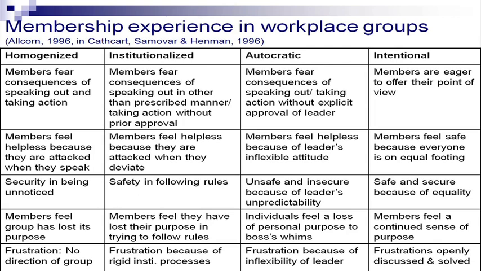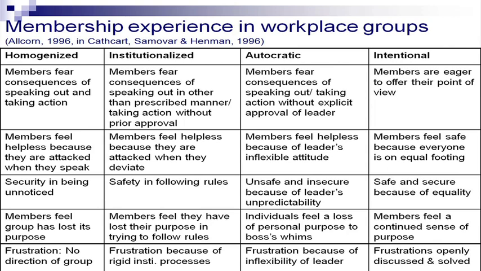In a homogenized group, security is in being unnoticed. You stay invisible, you're part of the group, you go to group meetings, you don't do very much, and you feel safe. In an institutionalized group, safety is in following the rules.